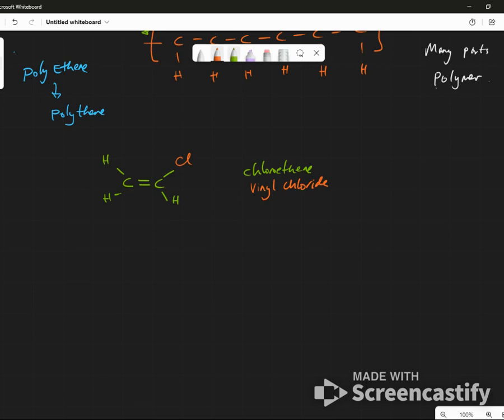Okay, now there's two ways. I'm going to show you two ways we can polymerize this guy. The first way is drawing them like I did in the first one, drawing them next to each other. Okay, like this. I'm going to draw two next to each other.